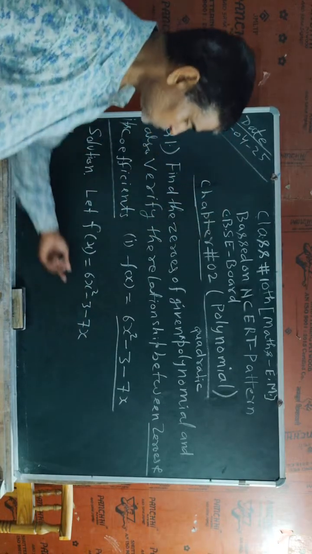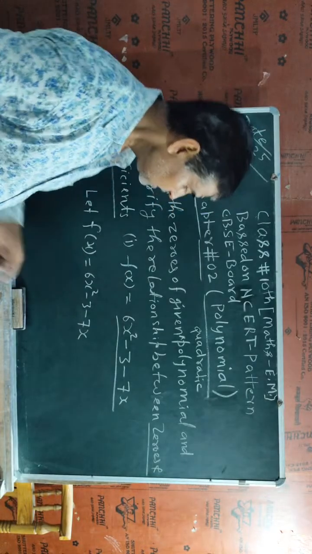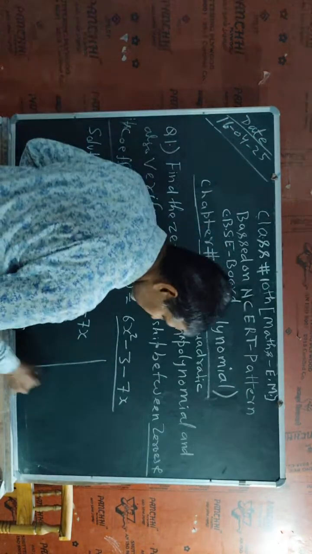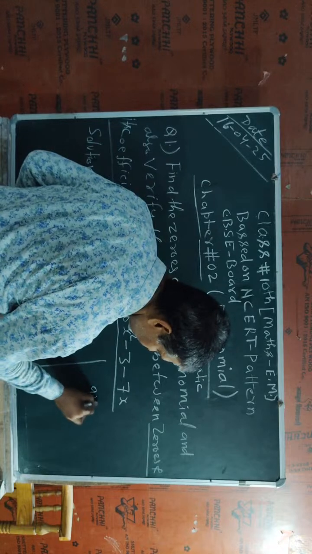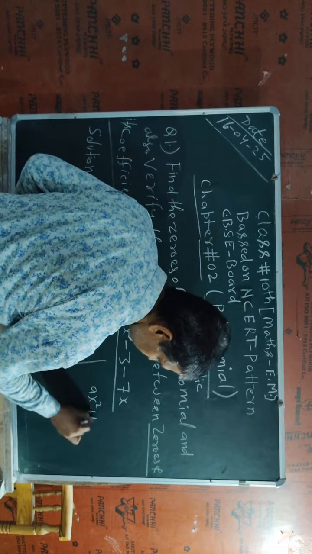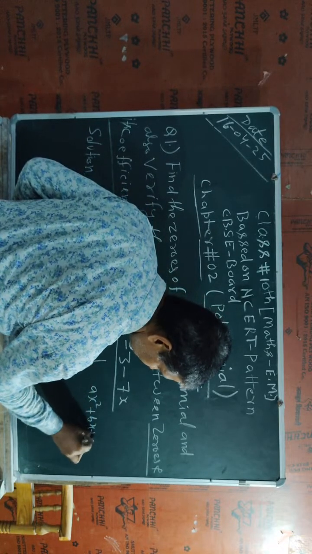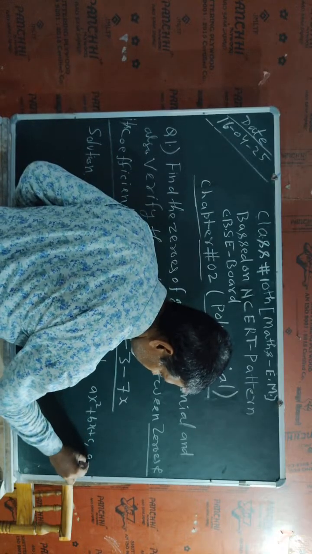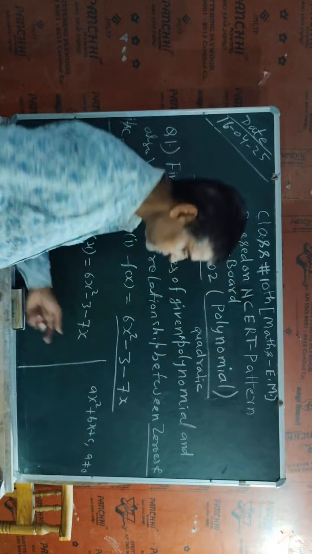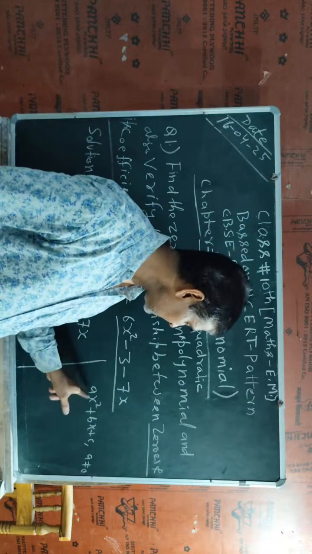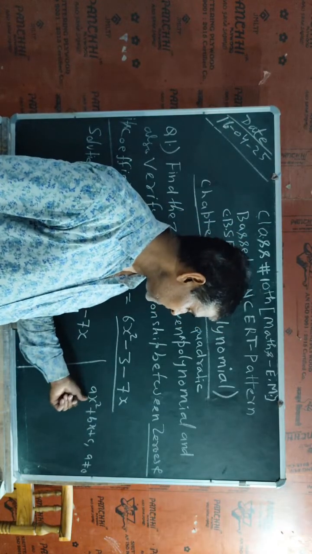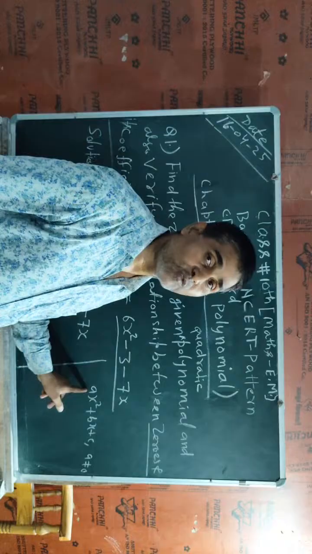Okay, student. So this is a quadratic polynomial, because in the general case of a quadratic polynomial, I know ax square plus bx plus c, where a is not equal to 0. It means that a, the coefficient of x square, cannot be 0.